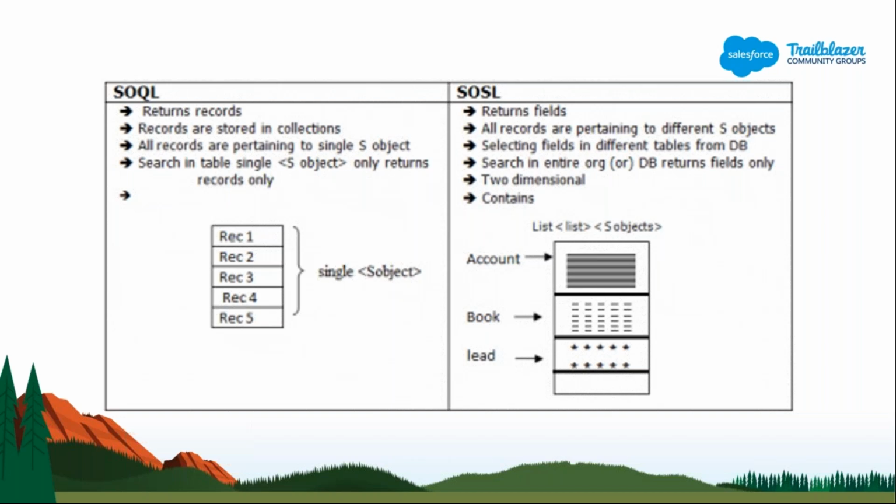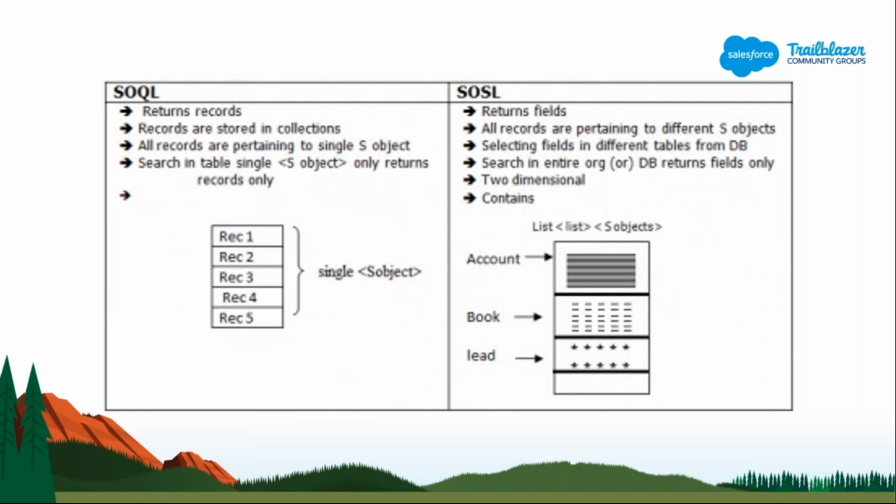From those fields you have to find the records, and you have to separate all those objects into your particular object data type. SOQL records are stored in a collection, so a list of records will be returned, but SOSL returns a list of objects.